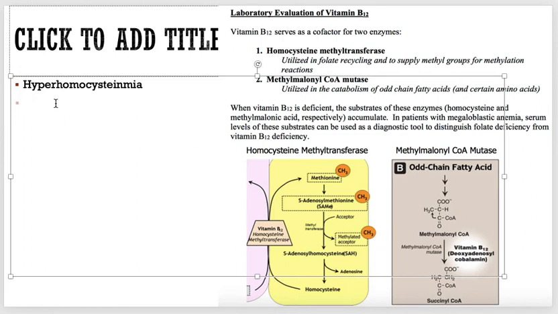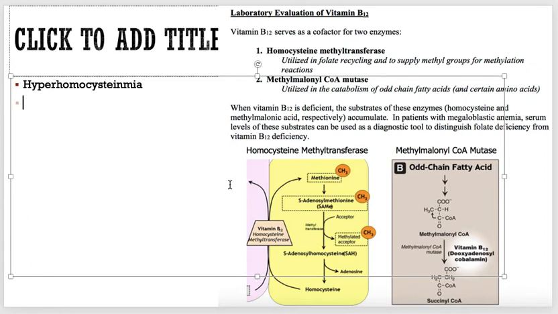Now the important thing here is that I'm talking about this because vitamin B12 is very essential for the functionality of our nervous system. This cycle is also called the one carbon cycle, and the proper functioning of the central nervous system depends on the one carbon metabolism taking place in the brain.